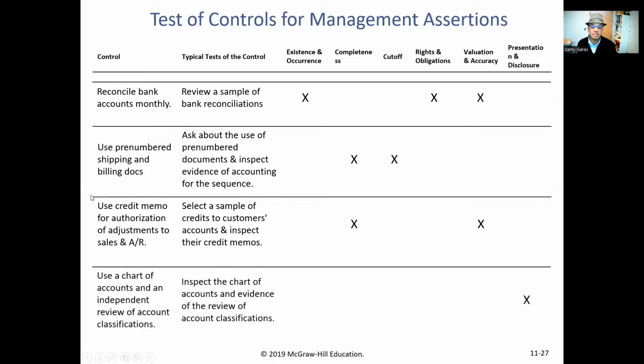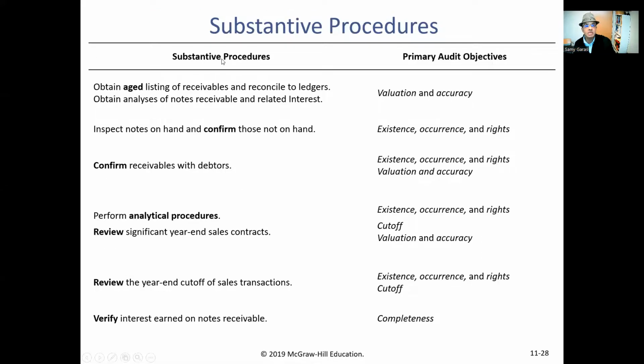If we make a credit memo for authorization, this will satisfy the assertion of completeness and the valuation and accuracy. If we use a chart of accounts and an independent review, this will meet the presentation and disclosure. And here are the typical test of controls that we can do.